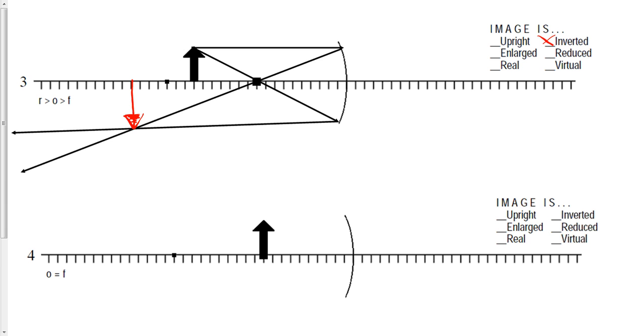Still inverted. So far, they're all inverted. There's only one scenario that it's not. Enlarged or reduced? This is enlarged. Inside the center of curvature, it's enlarged, and it's still real. Notice we're just following those same rules, the three rules: parallel, through the focal point, parallel, and then if necessary, law of reflection.